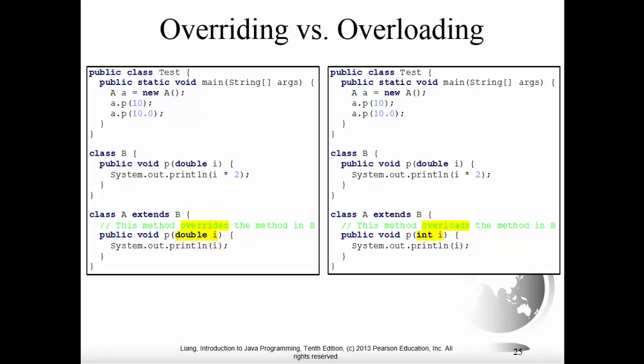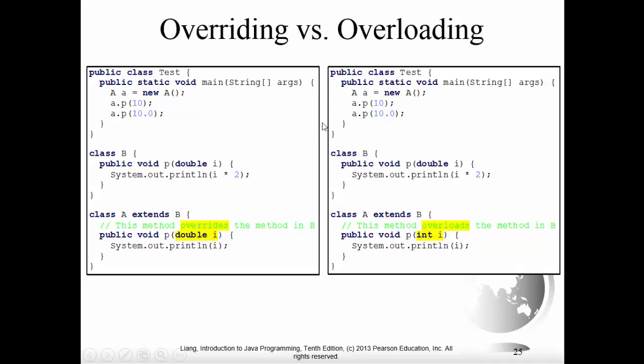We say we want an integer to be passed, and instead of doing this calculation, we're going to print out this information. In this case, we're overloading this method by saying that I want you to run this P method if somebody's passing in an integer. Run this one. If somebody's passing in a double, run this one.